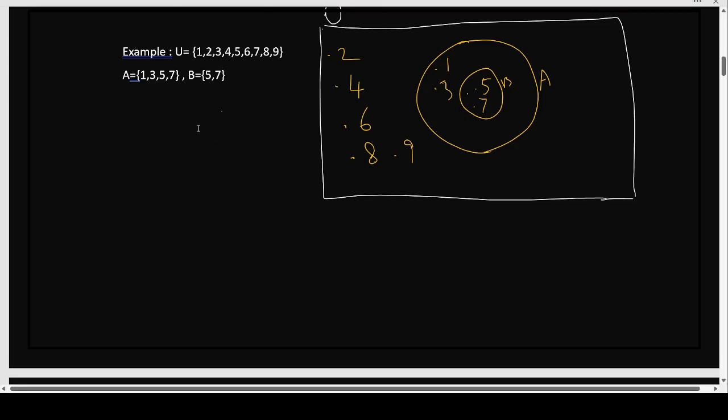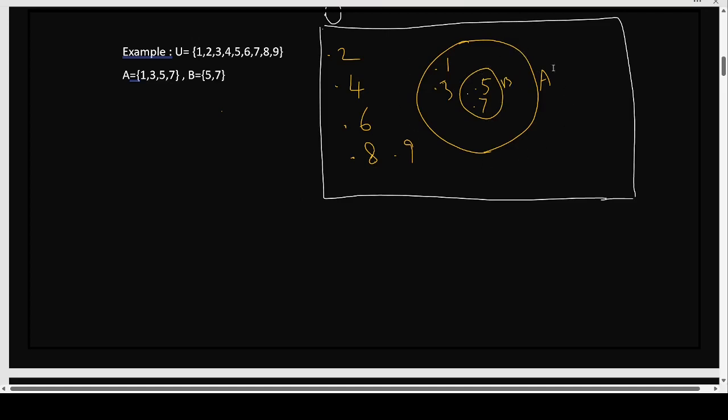In this context, first we will write the smallest set. What is this? B. This consists of the elements 5 and 7. Because 5 and 7 are present in A also, B has 5 and 7, and set A has 1, 3, 5, 7.